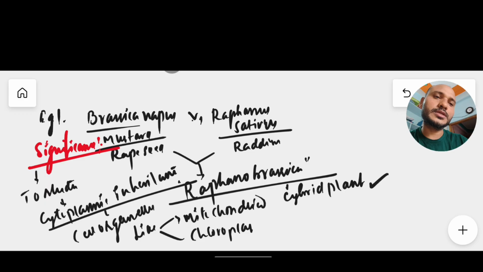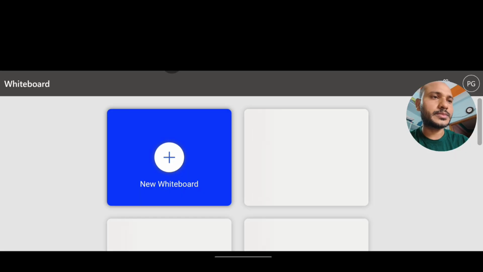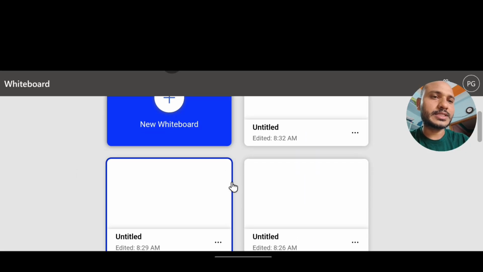So to study the cytoplasmic inheritance process, we have to go for the hybridization process. This is all about the entire concept of somatic hybridization and hybridization.